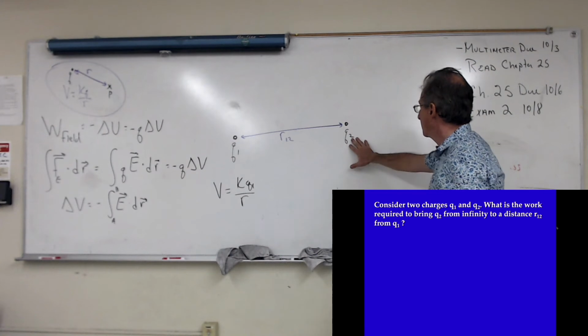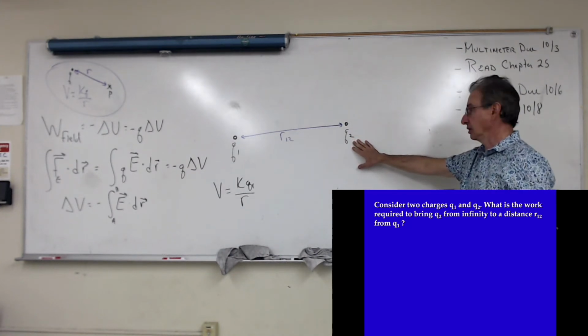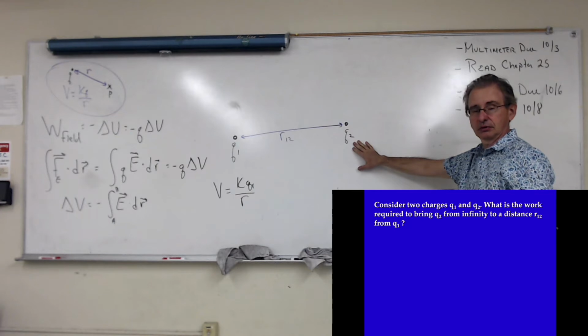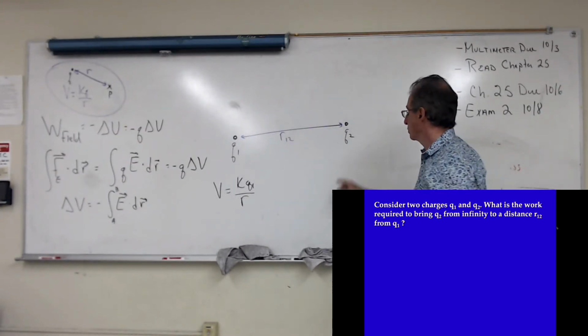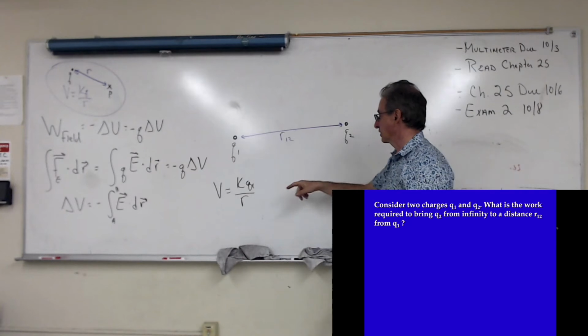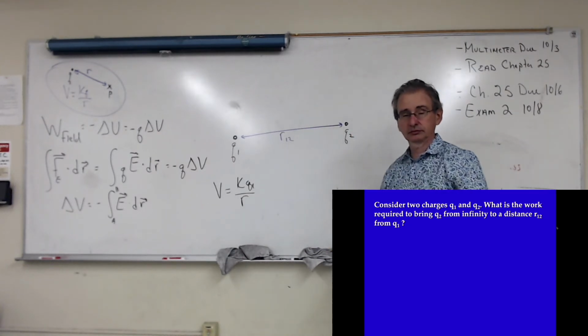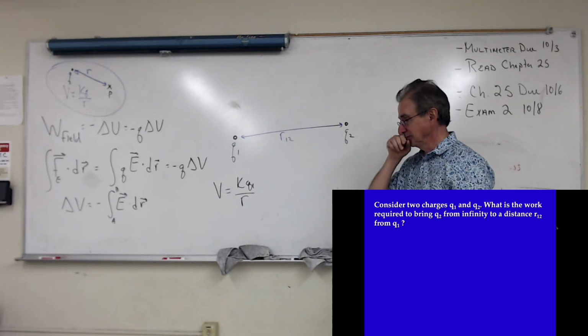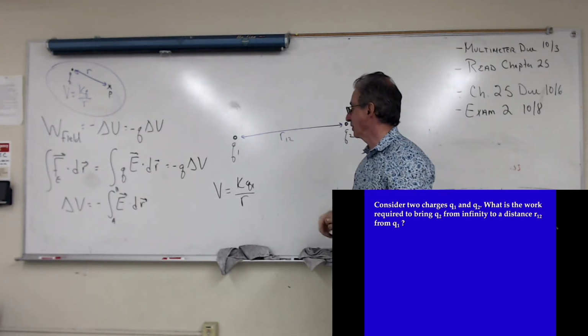Well, when this thing was at infinity, the potential due to this charge was 0. When it's over here, the potential due to this charge is kQ1 over R12. I want to know how much work is required to assemble this.